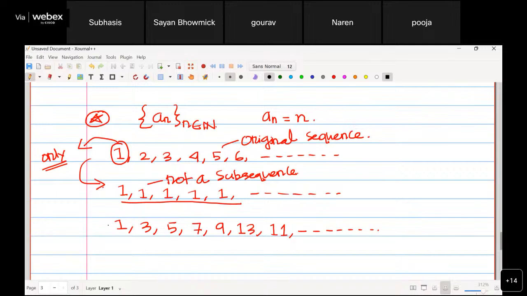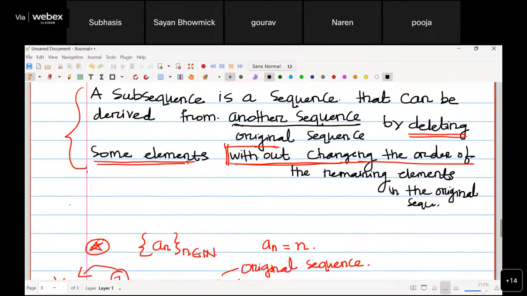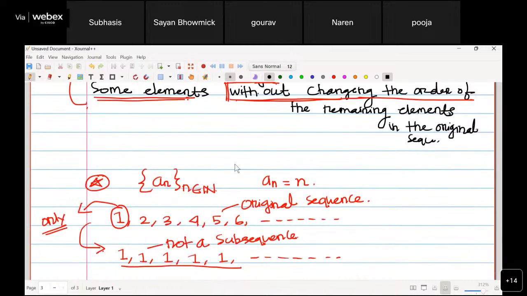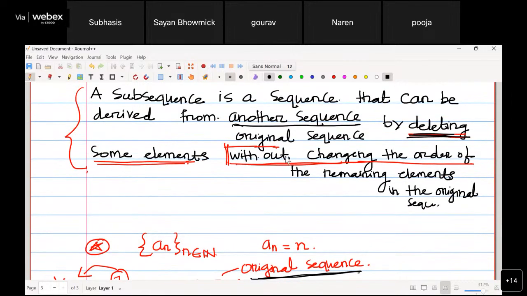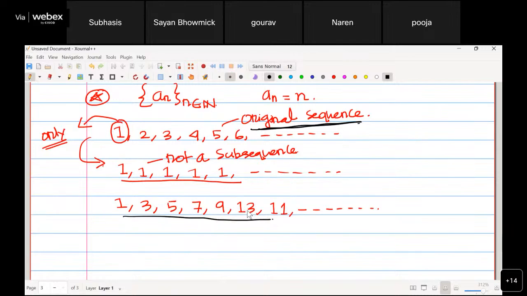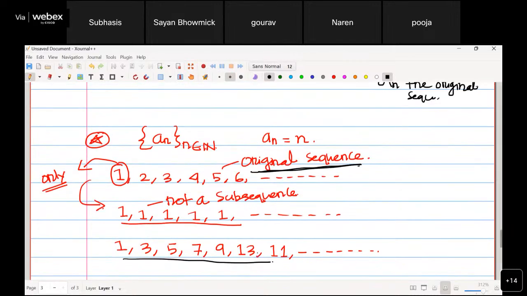As you can see in my original sequence, by deleting some elements, if I delete some elements from my original sequence, I can get this sequence. But the problem is I have one more condition. When I'm deleting some elements, I have to make sure that I'm not changing the order of the remaining elements. But here, as you can clearly see, I'm changing the order of the elements.